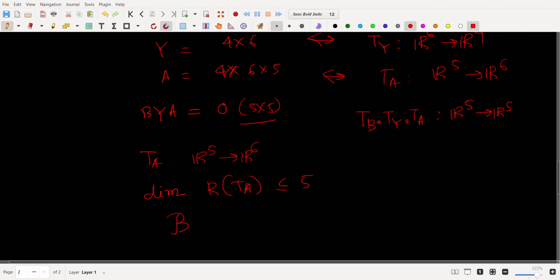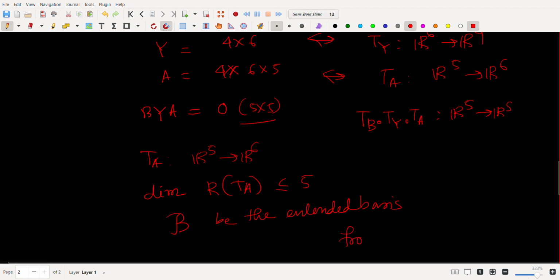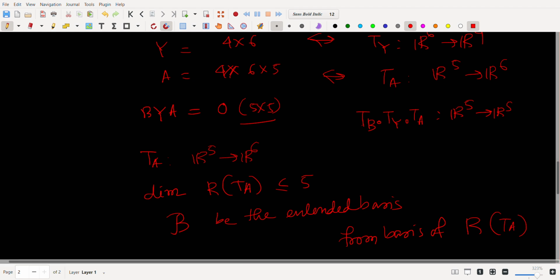So take the range of TA and find its basis. Since the dimension is at most 5, you can extend this basis to a basis of R6.